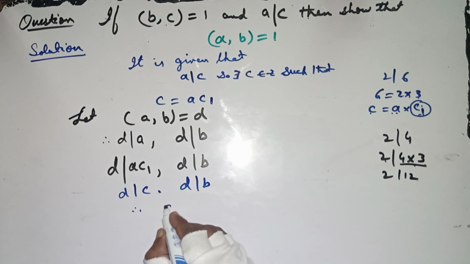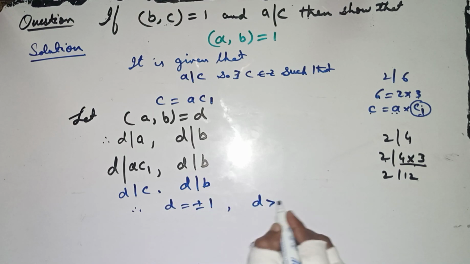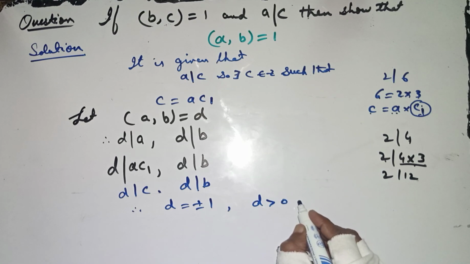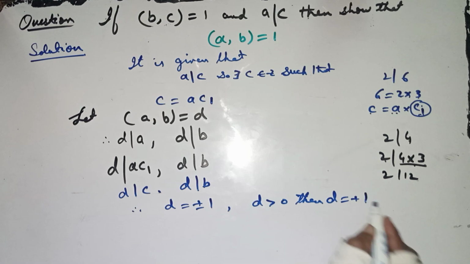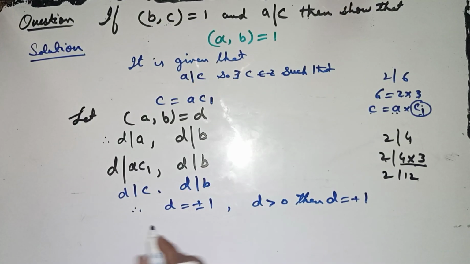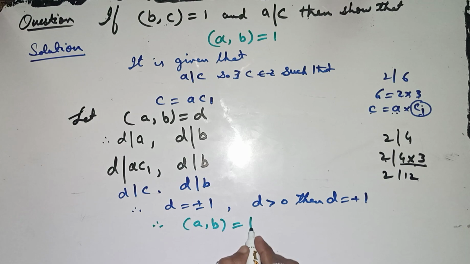So therefore D must be equal to plus or minus 1. As D is a GCD, D must be greater than 0. Then D is equal to plus 1. Plugging in the value of D, the GCD of A and B is equal to 1. This is our proof, our answer.